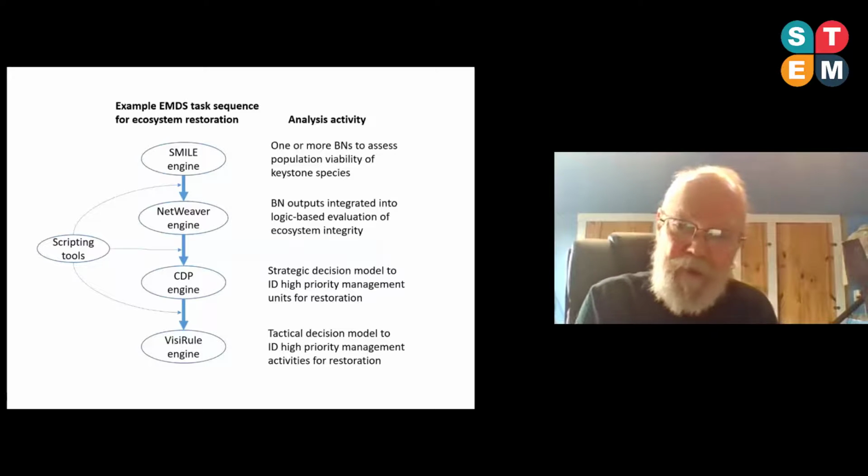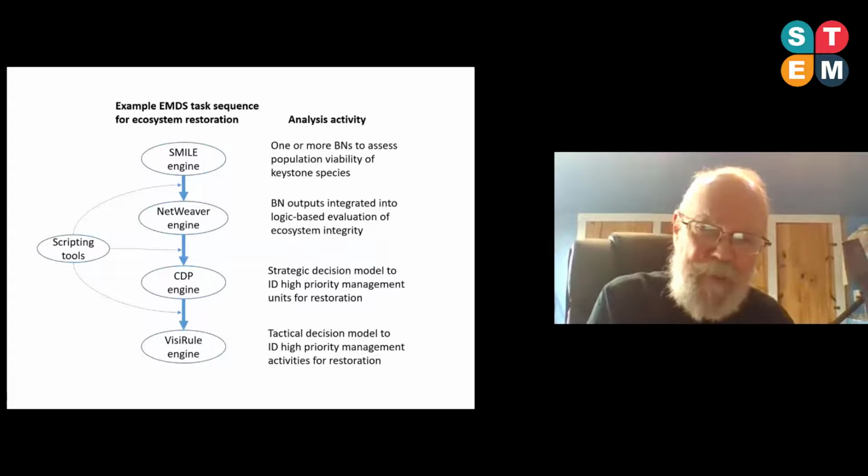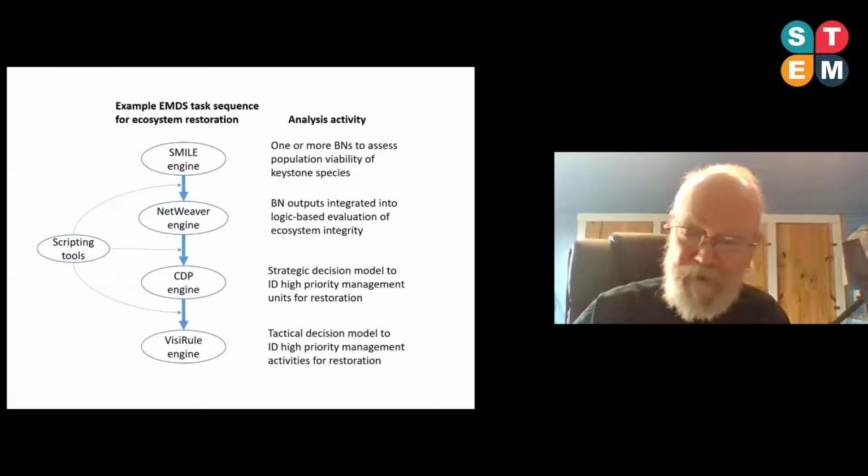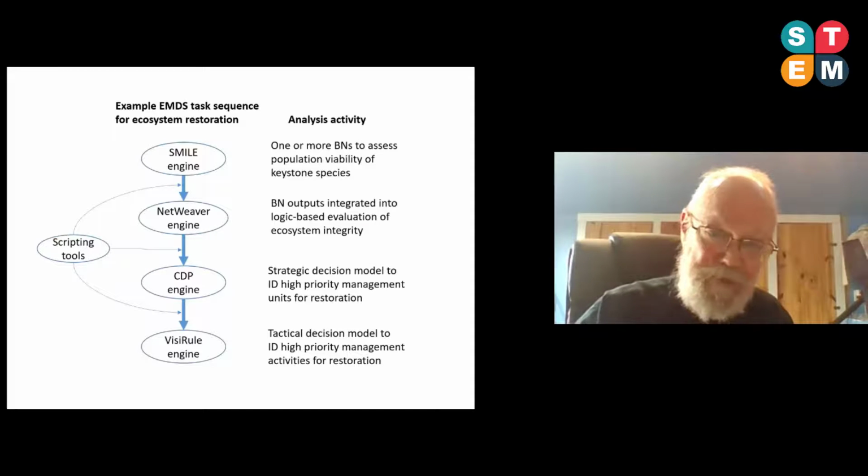Now, this is the last one, and I'll try to go through this quick so I stay on time here. I put together an example, and it's sort of hypothetical, but this is an example of why would you want to use all of these different kinds of modeling systems in an application. So this is my sort of prototype of something like that. You might imagine or have a problem that involves evaluating ecosystem restoration.